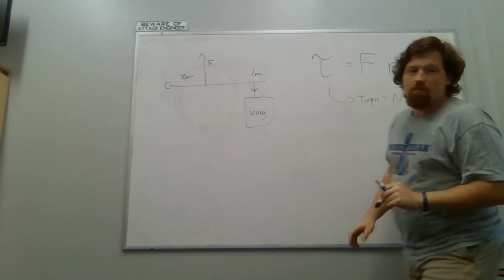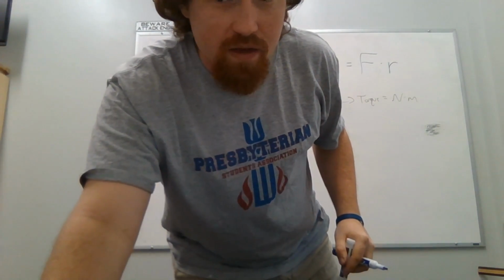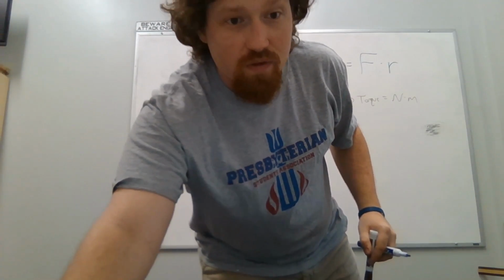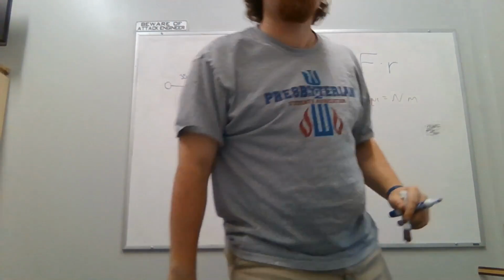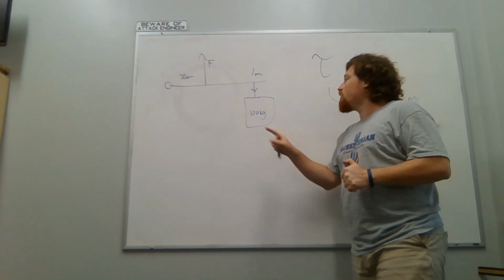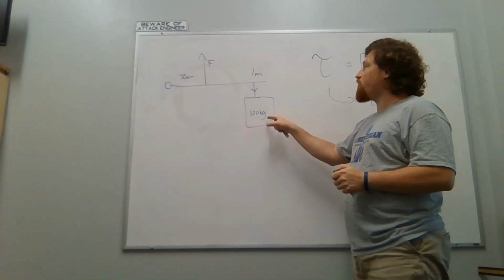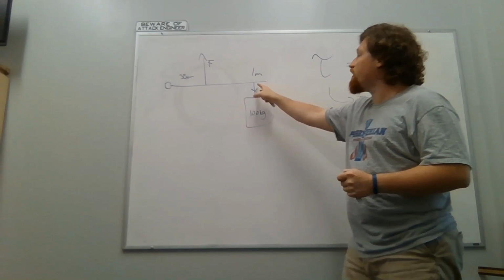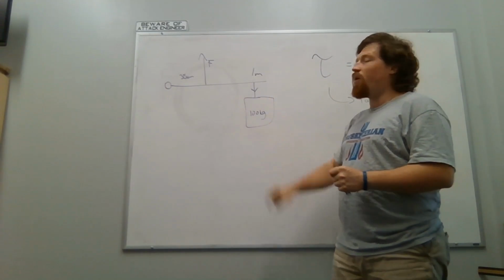So, moving on to slide 12, we're going to do a quick example of this. We have in this particular scenario a 100 kilogram mass hanging from the end of a 1 meter pole.